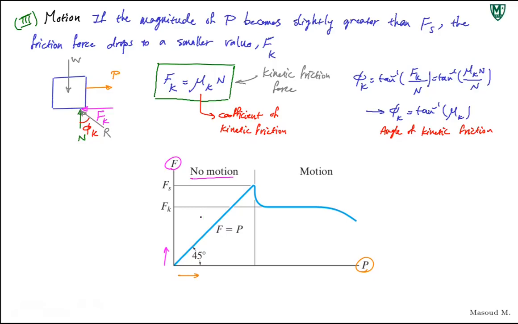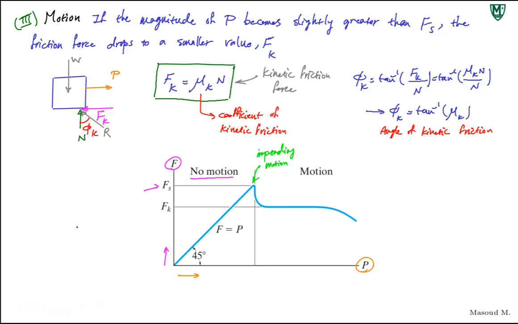So this is no motion. This is where you have impending motion, exactly the moment before the motion starts, and you have the value for friction there as Fs, static friction force.